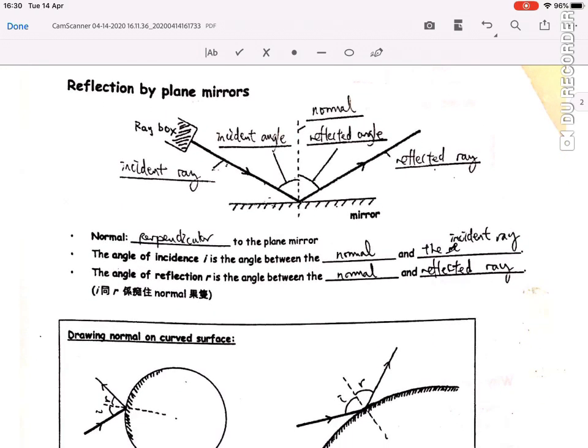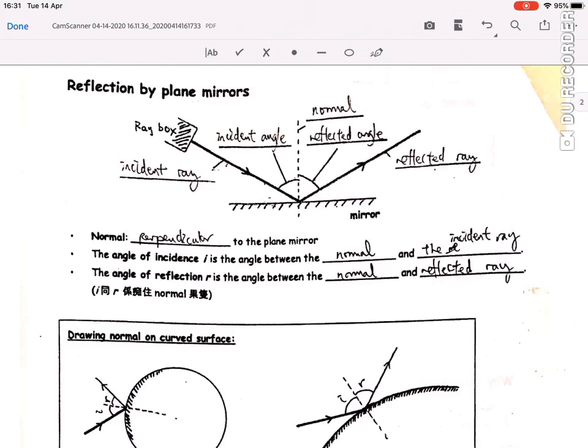Now, in the second page, as you can tell, there's some of the drawings that you need to label. For example, there's the wave box, that is the source of light, starting from there and entering our eyes. So in here, if you look at it, the light coming in, we give it the name of an incident wave.